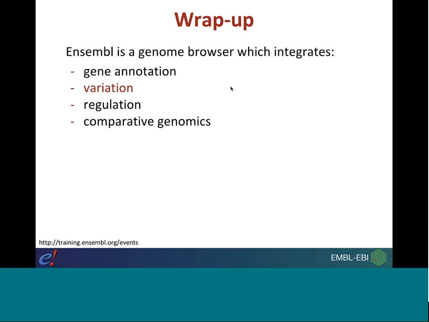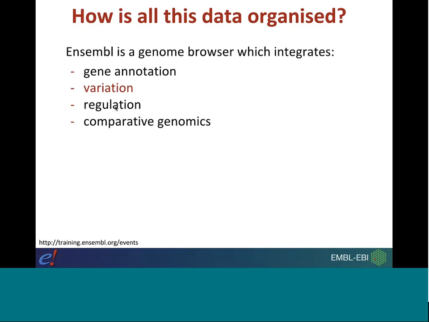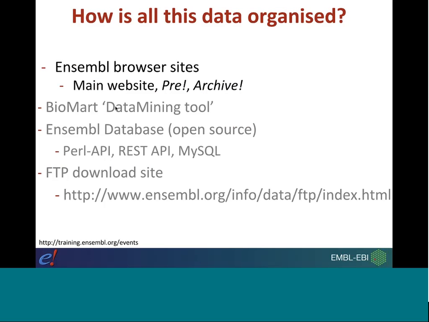So just to think about the different data, we had the 4 different types of data that we can access with Ensembl. In our 2 webinars, we've looked at the gene annotation and the variation data. We haven't had time to really explore the regulation data and the comparative genomics that we also have available in Ensembl as well. So all of this data is organized and available through the web interface.